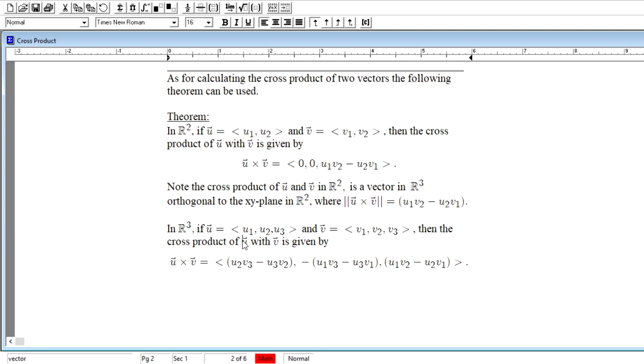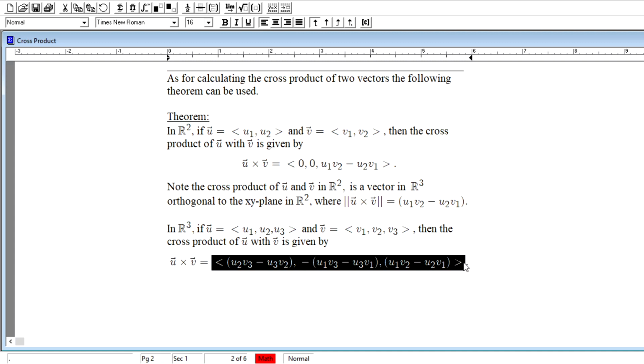And the cross product of u with v will be given also by a three-component vector, where this time around, you do have respective descriptions for the x and the y component.